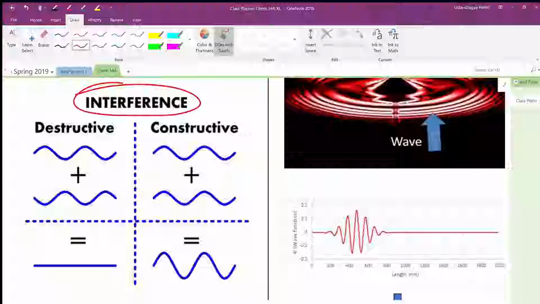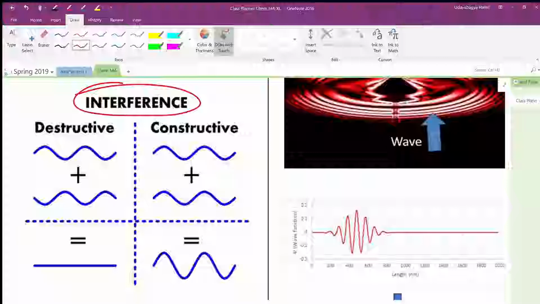If we simply add these two together, we have a constructive interference. It simply means that the wave adds up. So the amplitude, this is the initial amplitude, becomes larger because you add it up together.